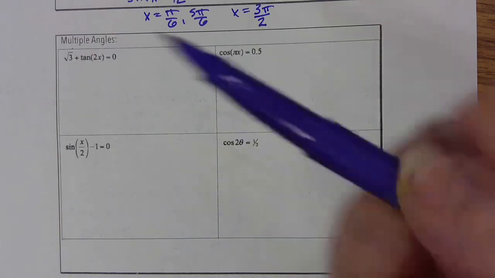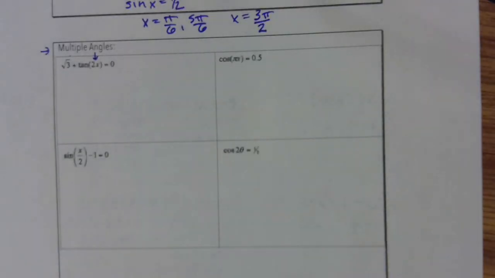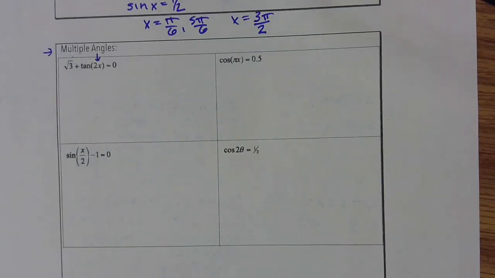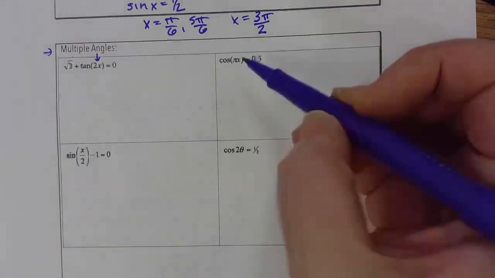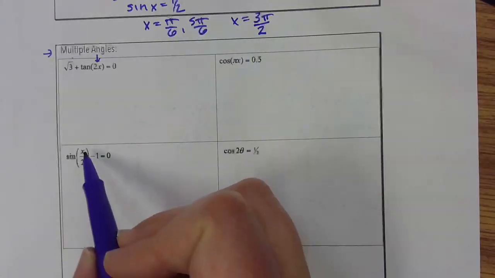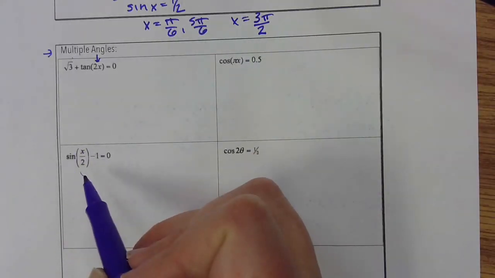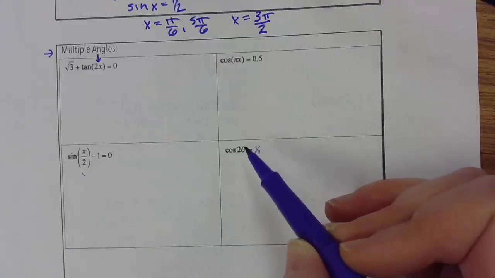As you look at what's happening here, these are called the multiple angles because when you look inside the parentheses of each of these trig functions, instead of the angle being just theta or x, it's either a 2x in here, or in this case a pi x. It could also be a fraction, x over 2, or 2 theta.